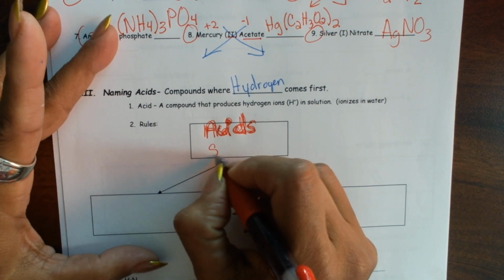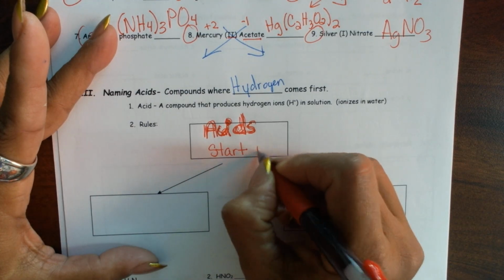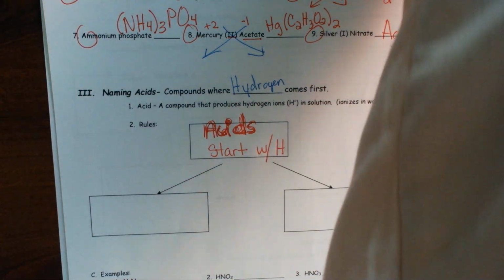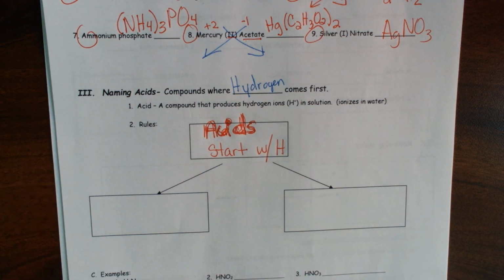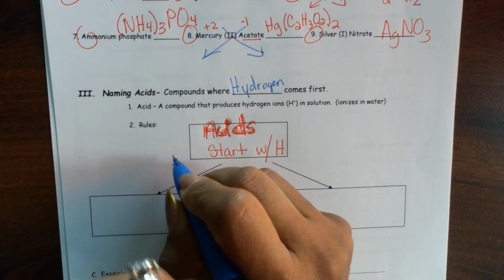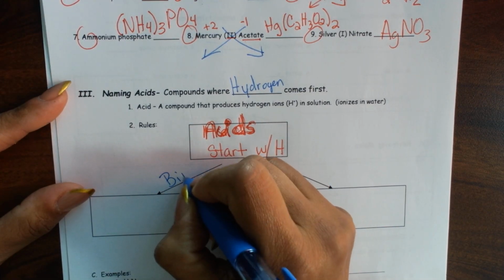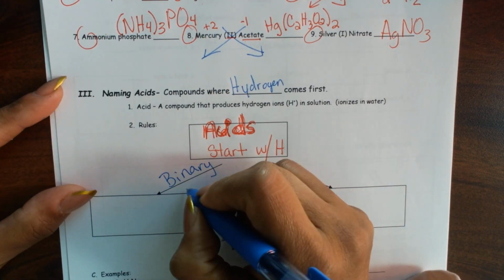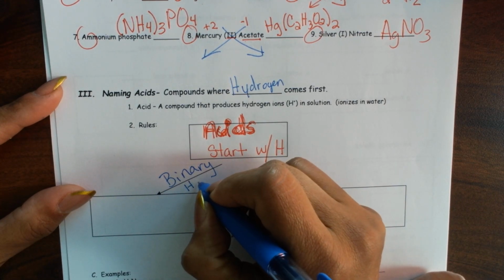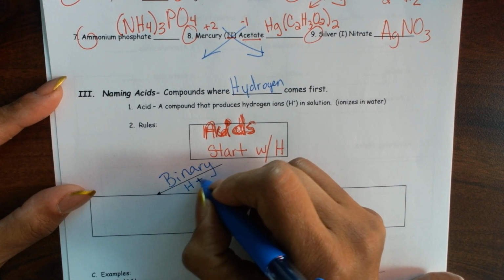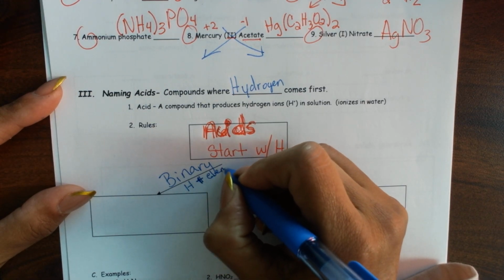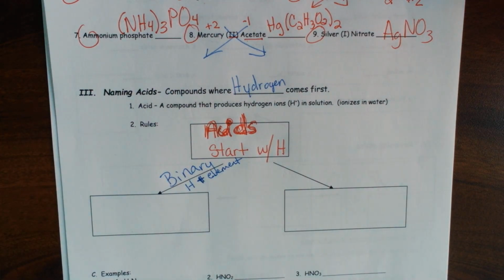All acids start with a hydrogen. But now acids are broken into two groups. The first group over here is called binary, which is going to be a hydrogen plus an element. I think those are the easier ones.